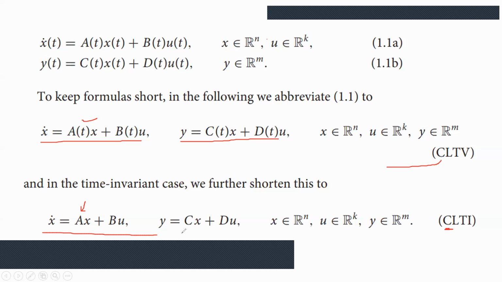So this is how the formulas are arranged and written in this book. तो ये इसकी short form है, and also some ambiguous type of notation के वो इसको represent कर रहा है CLTV and CLTI के साथ, so that if anywhere it is written CLTV, that means it's a continuous linear time variant system, and CLTI is a continuous linear time invariant system.